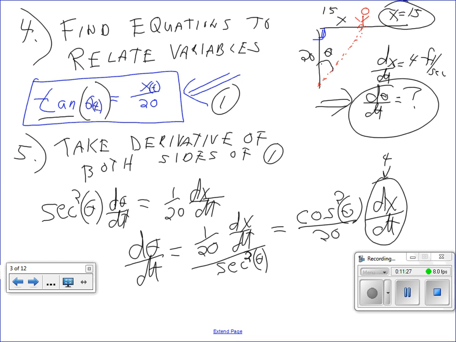Well, back to triangle trigonometry. Cosine of theta, remember I'm talking about this theta here, is adjacent over hypotenuse. It's going to be equal to 20 over the square root of 20 squared plus 15 squared. Okay, numbers aren't real clean, but let's just finish this.